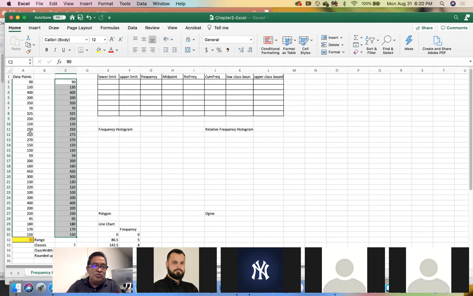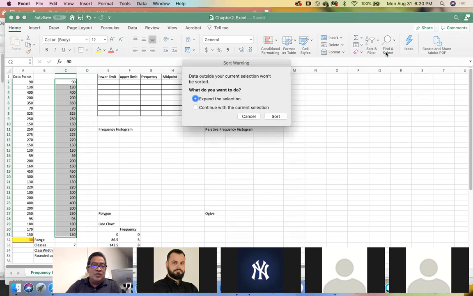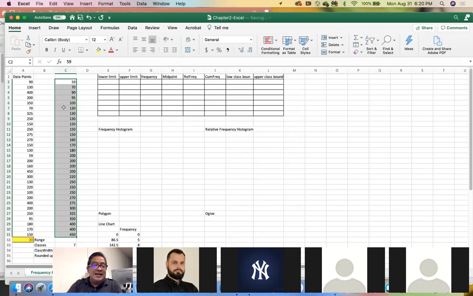I want you to look at the 2 columns. You can do it directly in your data. You click Sort and Filter, and you ask Excel to sort from the smallest to the largest. It says expand the selection; say no. In this case, we're gonna continue with the current selection, okay? So I'm gonna sort. As you can see, I have the data from the lowest to the highest. You can do it directly here, and nothing is gonna happen.